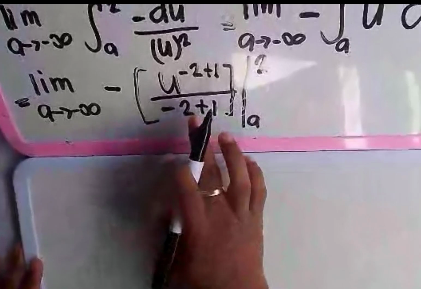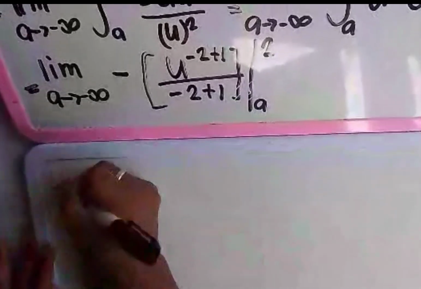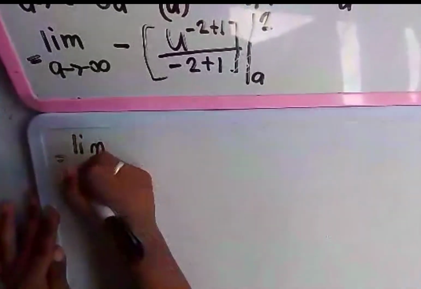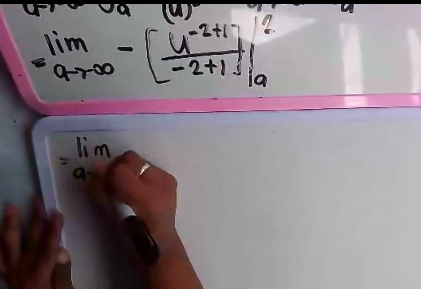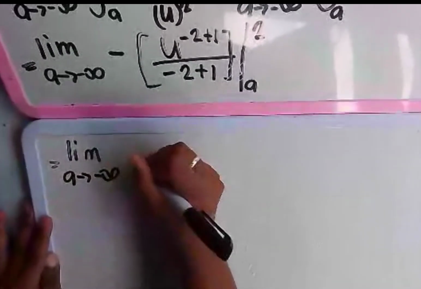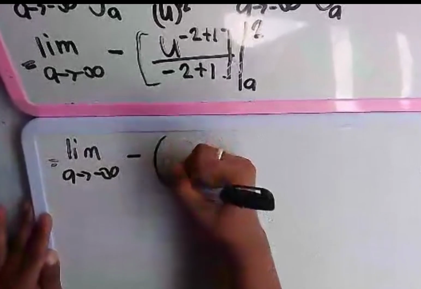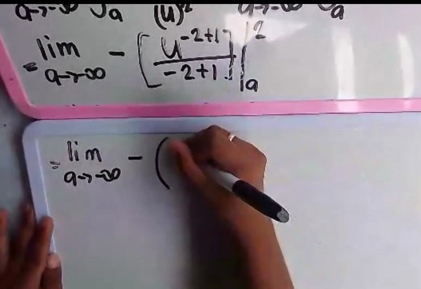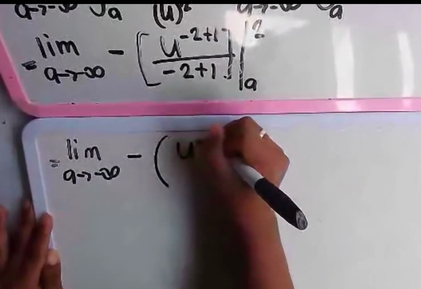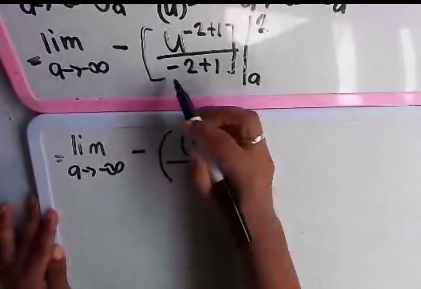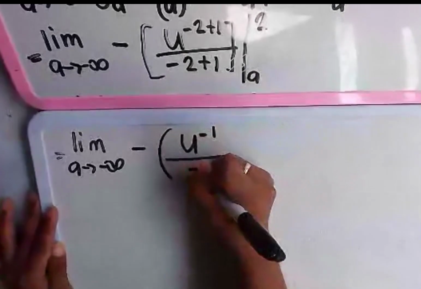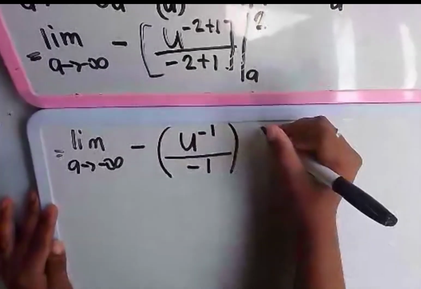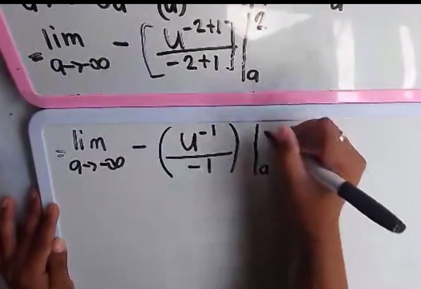So, let us simplify the function. It is equal to the limit as a approaches negative infinity, negative times u raised to negative 2 plus 1, which is u raised to negative 1, all over negative 2 plus 1, which is negative 1, from a to 2.